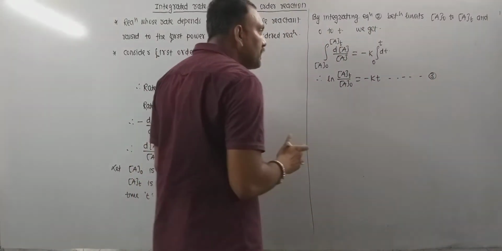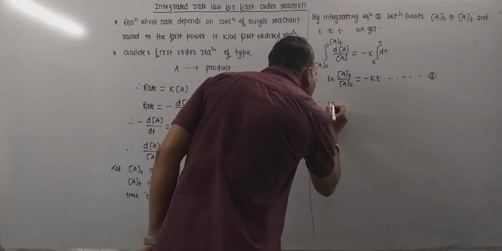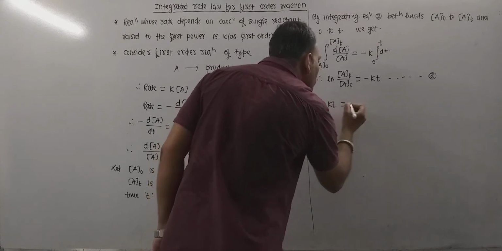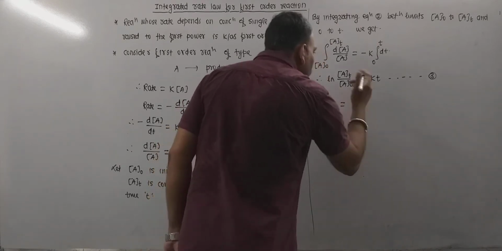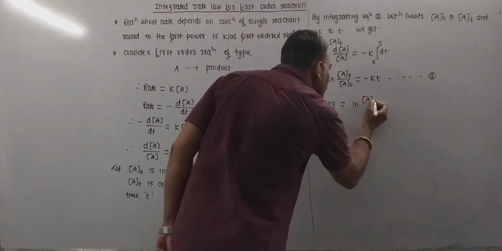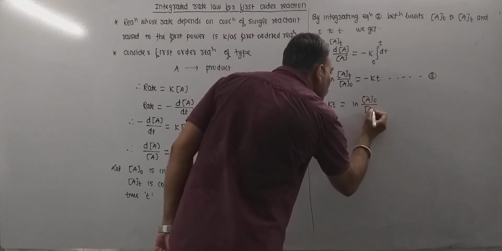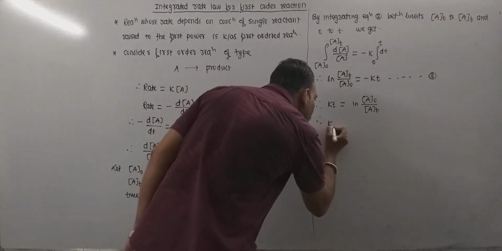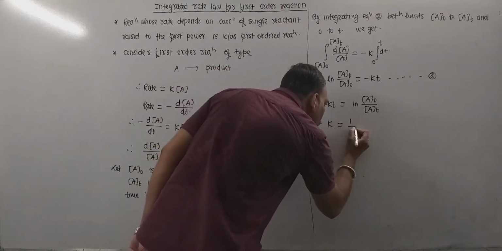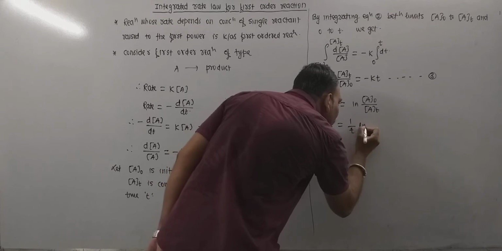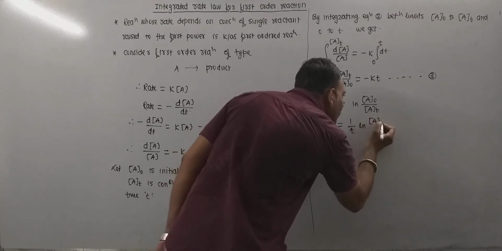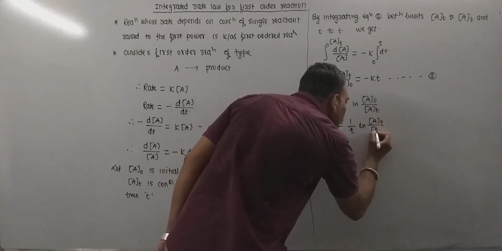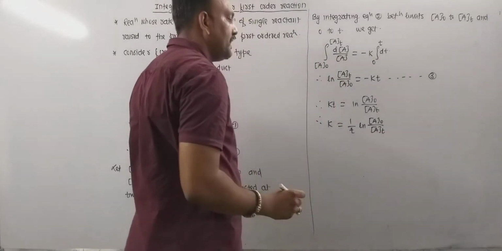Now equation 3 can be given as kt equals ln [A]0 upon [A]t. Further, k is equal to 1 by t ln [A]0 upon [A]t.